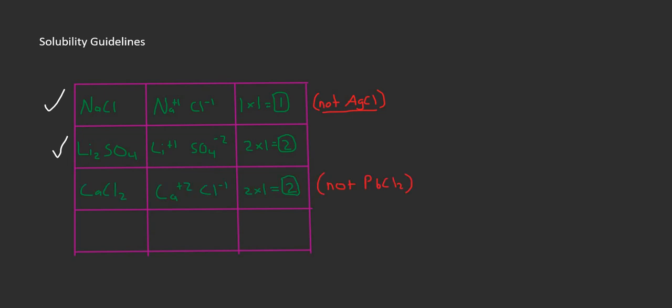So in this next group, we have the combination of +2, -1, so flipping it around from the previous one, and I'm using the example of calcium chloride, CaCl2. So again, just like the previous one, you take 2 times 1, so 2 times 1 equals 2, less than 4, so generally these are going to be soluble.